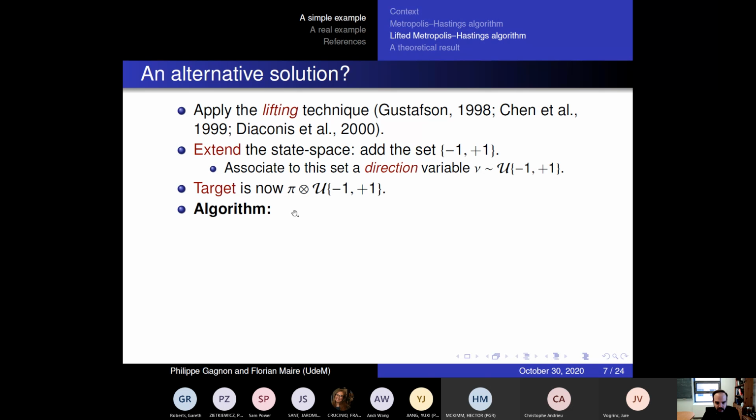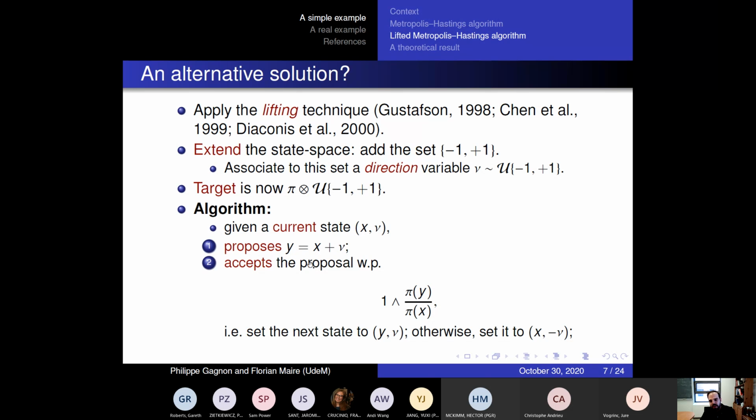So the algorithm is similar to Metropolis-Hastings, but now we have two components, x and nu. The difference is that instead of choosing between x + 1 or x - 1, given a direction, we go to x plus nu with probability 1.